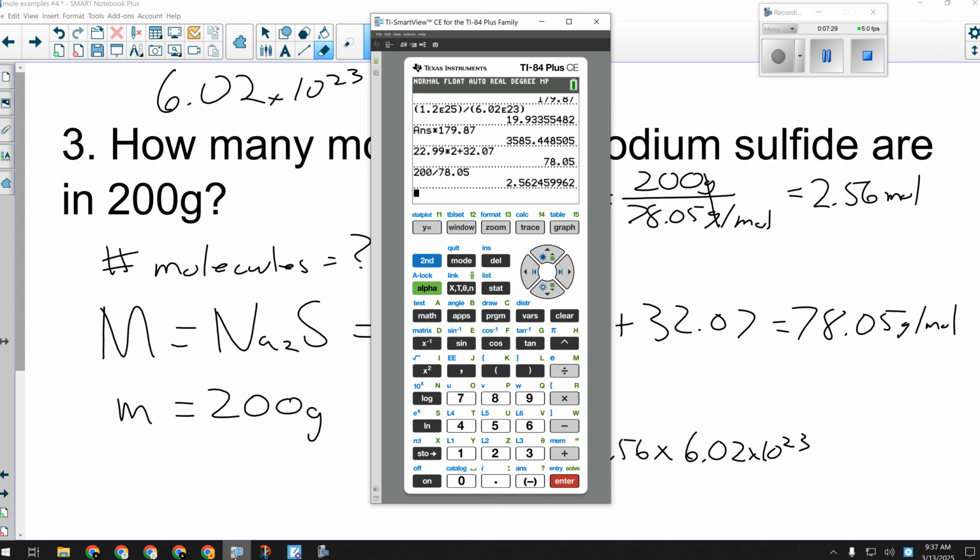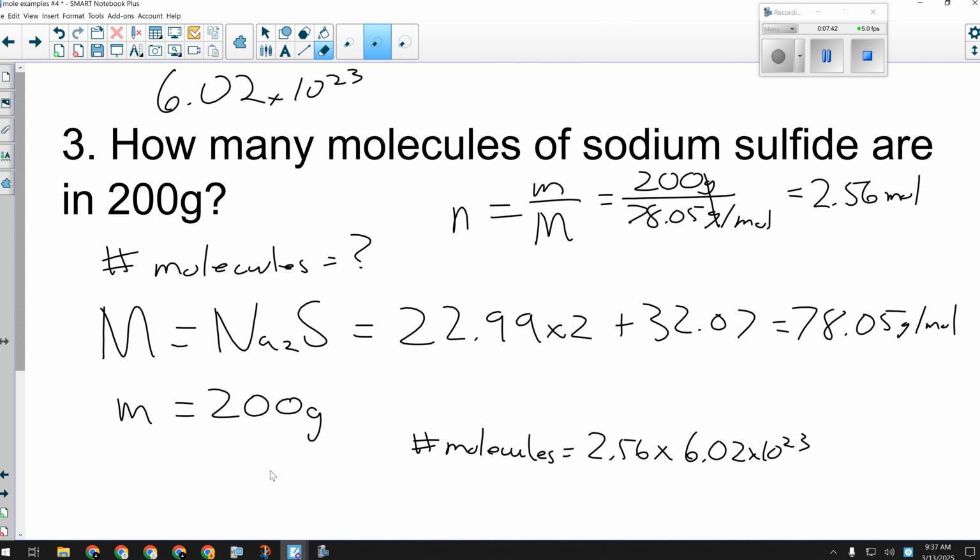So times in bracket 6.02 E23. We got 1.54 times 10 to the 24 molecules.